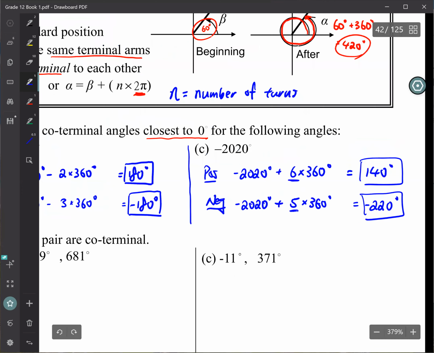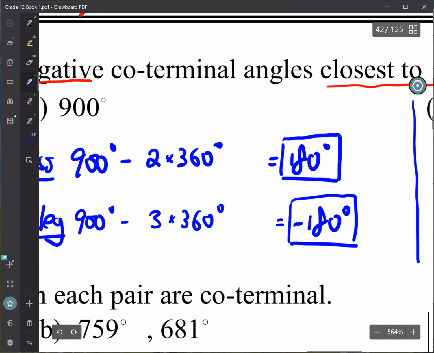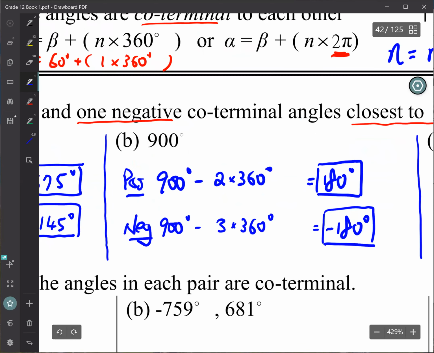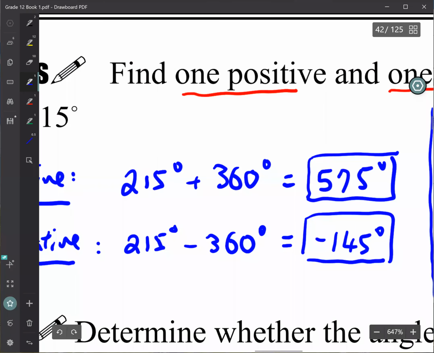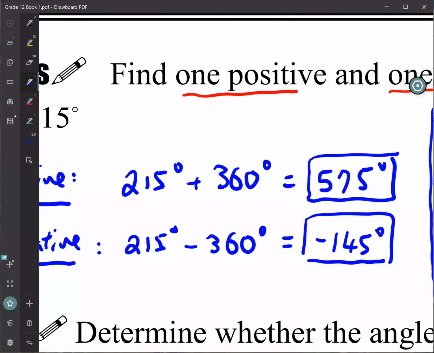In question B, this one has 2 terms for positive, 3 terms for the negative. Same with this one: 1 term and the other one is also 1 term. They are next to each other.